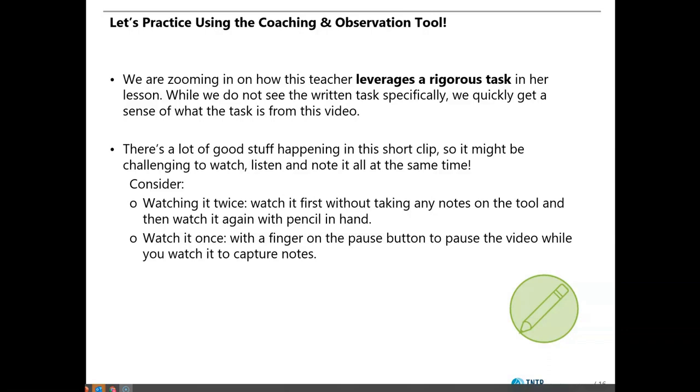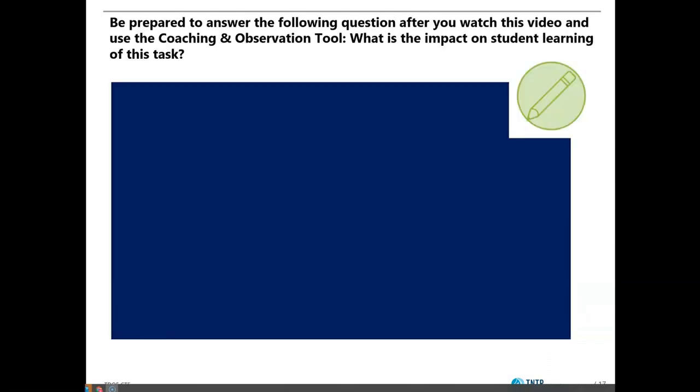If you're watching this training in a group, you might want to have a quick conversation about how you want to watch or note take and then proceed. Once we have reviewed the evidence that we found of focused, rigorous instruction from this classroom using the coaching and observation tool, we'll debrief one big question. And that question is, what is the impact on student learning of a rigorous task such as this?